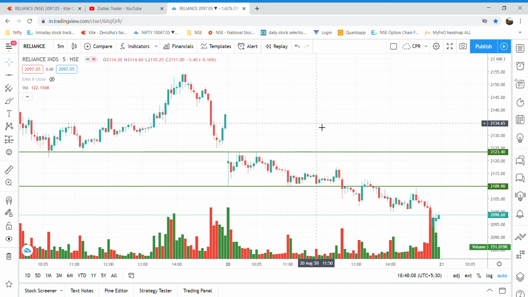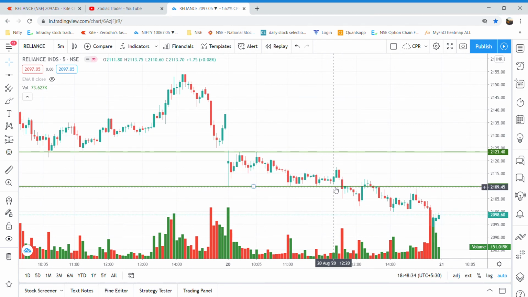What I generally do is wait for the price to either close below the support or close above the resistance. As you can see over here, price has closed below the support, and as soon as the price closes here, I go short with my stop loss at the recent swing high.